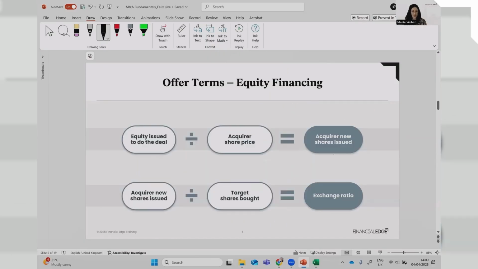When you do a share-for-share exchange, you get something called an exchange ratio, and I'll show you a practical example of this when we look at a deal announcement. With the exchange ratio, we're just working out, for every one share the sellers are selling to me, how many new shares am I giving them in my company? And remember, my company is now going to own their company as well. So that's a share-for-share exchange.